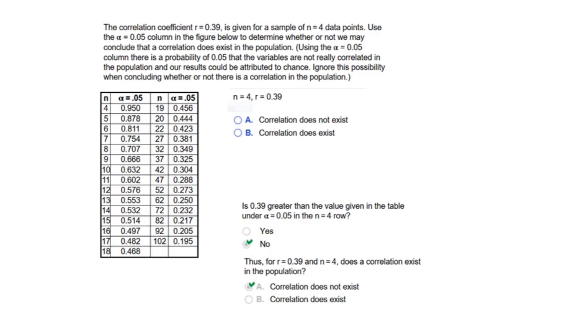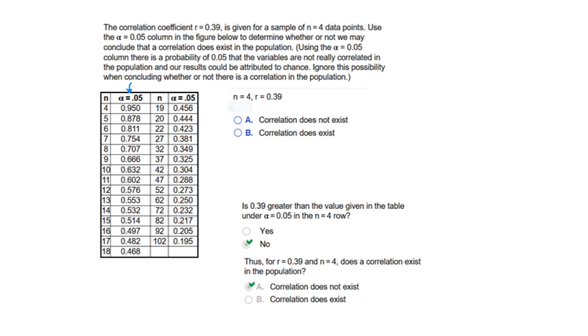Let's carefully read this one. The correlation coefficient R is 0.39 is given for the sample of N equals 4 data points. Use the alpha 0.05 column, so that would be this first or second column right here, in the figure shown below to determine whether or not we may conclude that there is a correlation and if it exists in the population.